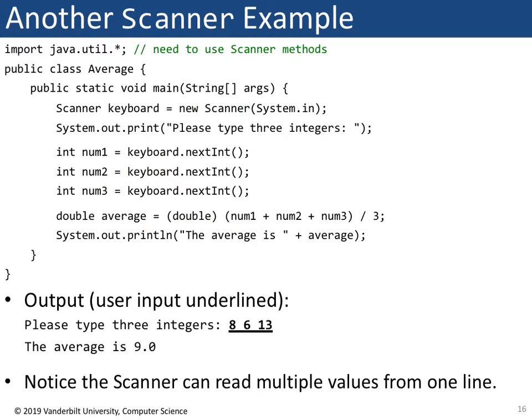So let's look at another example program where we're going to read multiple values, not just a single value in our method. So we're going to skip over some of the familiar things here. So we're going to import the java.utilities classes, so we can use the scanner, create the scanner object keyboard, and we're going to prompt the user for 3 integers. Finally, the part that we're really going to focus on here, we have 3 assignment operators along with 3 variables being declared.